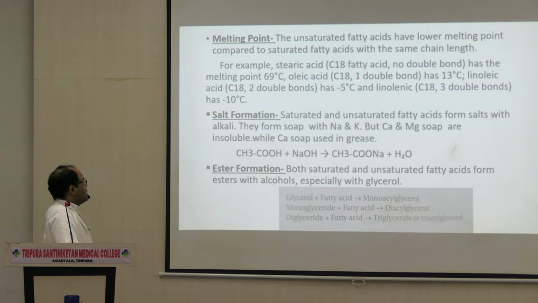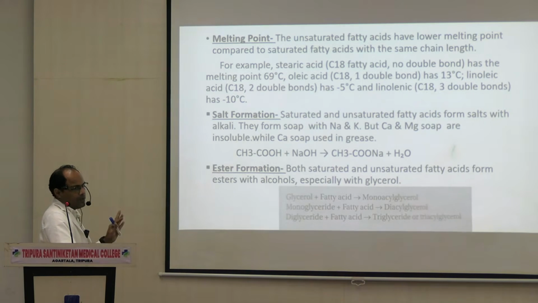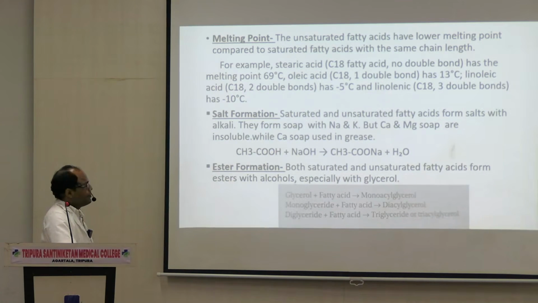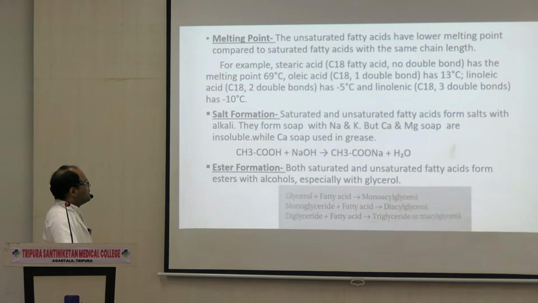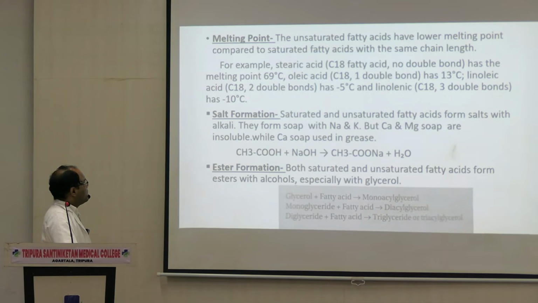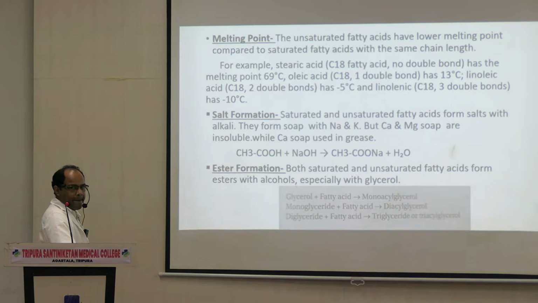Oleic acid, 1 double bond, 13 degrees. Linoleic acid, 2 double bonds, minus 5 degrees Celsius. That means at normal temperature they are in liquid form. Linolenic acid, 3 double bonds, melts at minus 10 degrees Celsius.